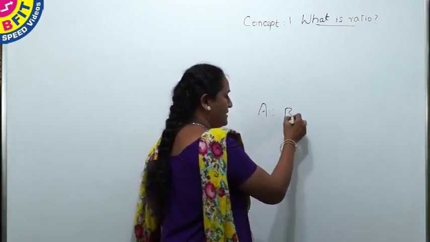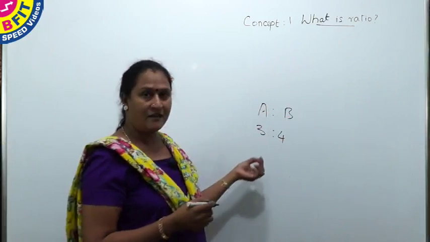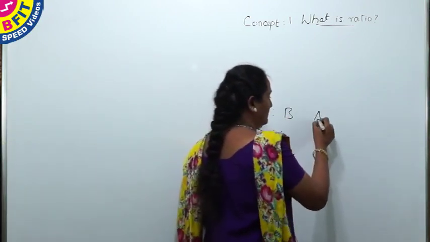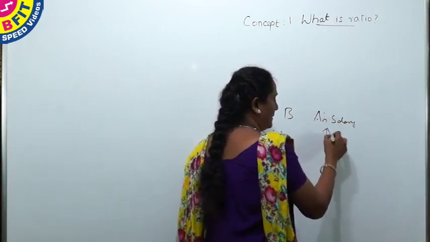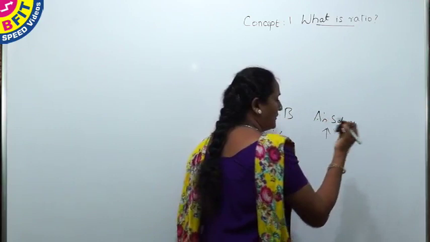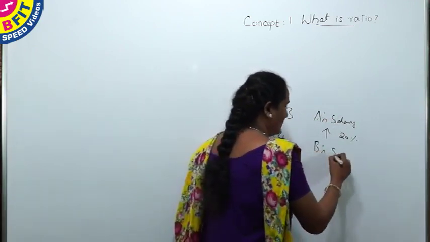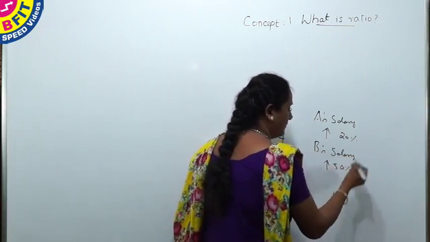A and B's salaries are in the ratio 3:4. A's salary is increased by 20%, and B's salary is increased by 50%.